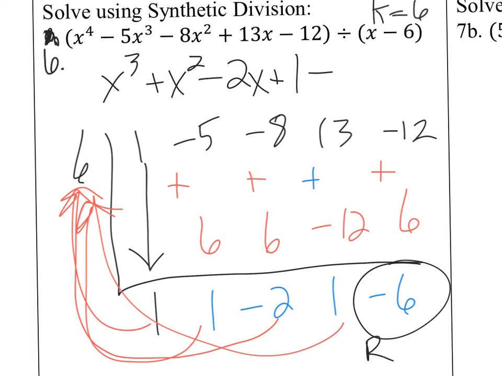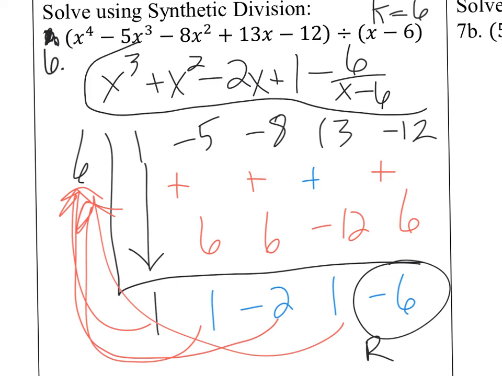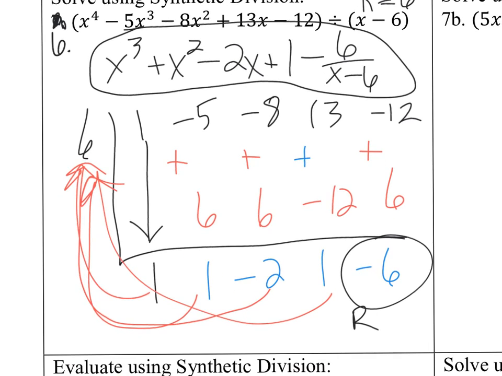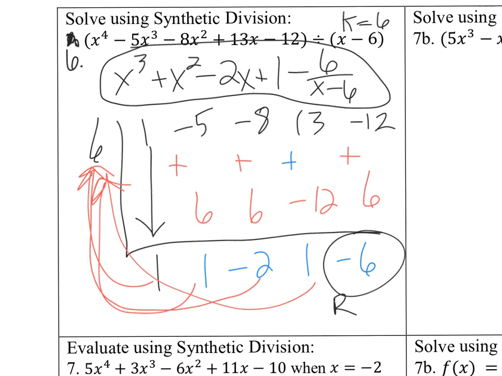So I'm going to write minus 6 over, and then don't write it over 6, since that was your number here. Just write it over this, your x minus 6, because synthetic division is a shortcut method, okay? So that's why it looks so weird. It's because it's a shortcut method. So, yeah, last number is always the remainder, and, yeah, your answer will start with 1 lower power. And that's pretty much it for synthetic division.